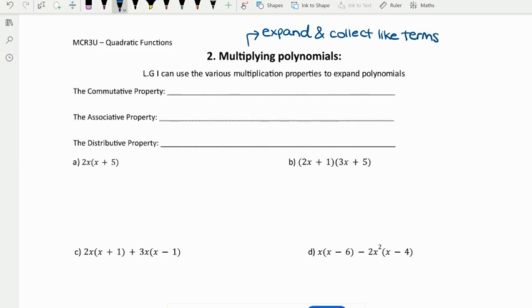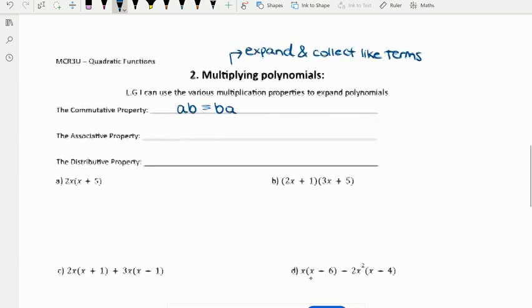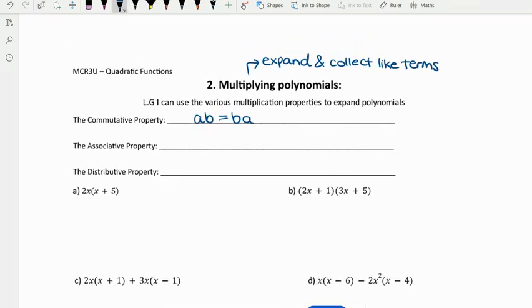So here is some vocabulary when we multiply and expand. The commutative property just means A times B equals B times A. Yes, these do have a name. It's called the commutative property. You think it's very obvious, but there's a name for everything. So for example, 3 times 4 is the same thing as 4 times 3, which is 12.